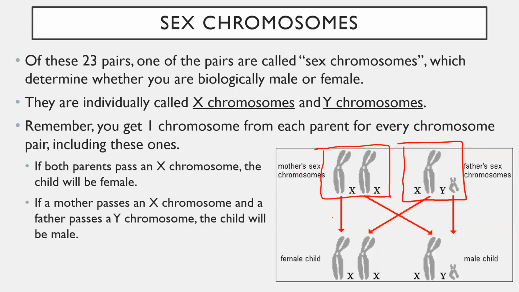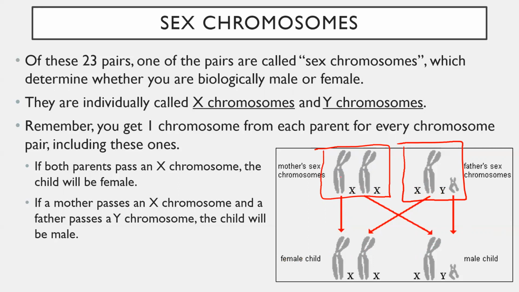So whether you're a female child or a male child, you're getting an X chromosome from your mother one way or another. But of course, your father, because he has an X chromosome and a Y chromosome, could pass either one of those. It's just a 50-50 chance, it's just random. If you get an X chromosome from your mother and an X chromosome from your father, you're going to be female, right? Because you'll have two X chromosomes yourself.